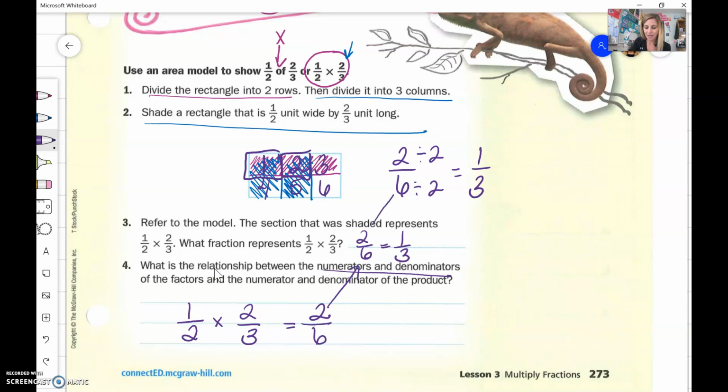Take a look at that. That is what we got. Okay, so basically what we're learning is all we have to do is take our numerators, multiply them, and take our denominators and multiply them. And then we always, always, always, with any fraction, have to simplify. So we would get 1/3.